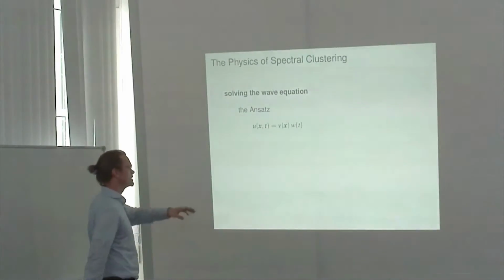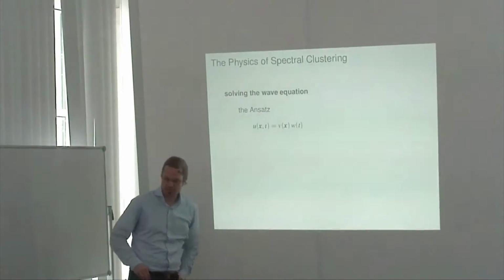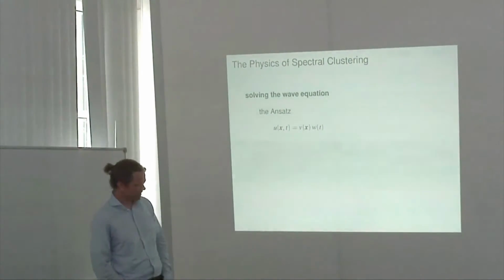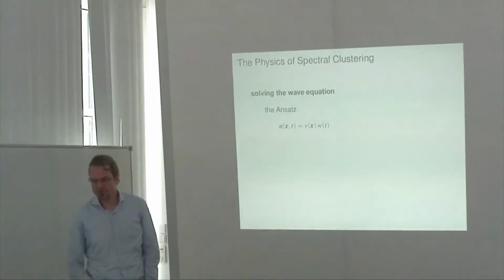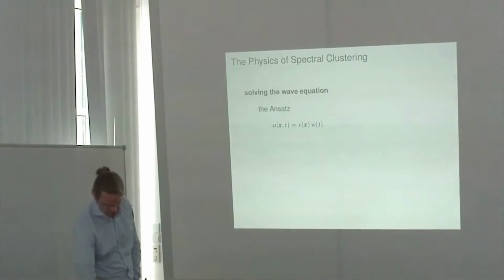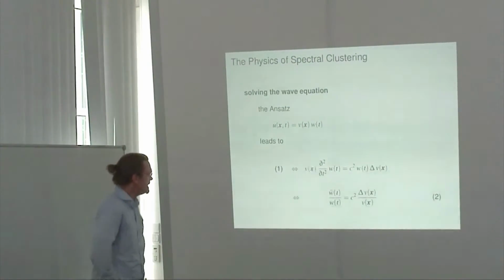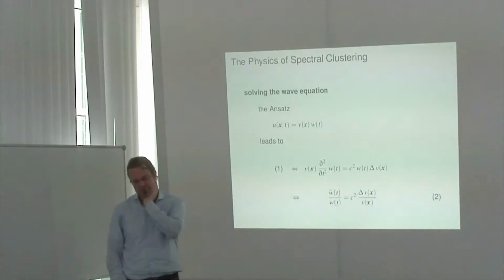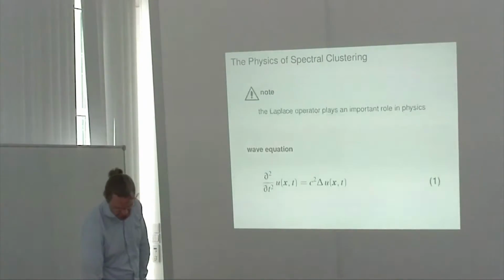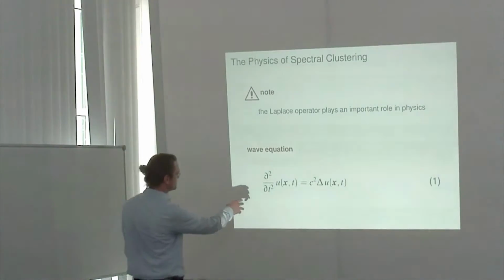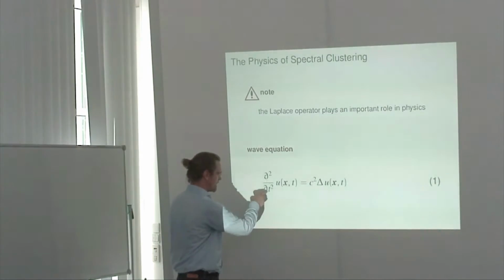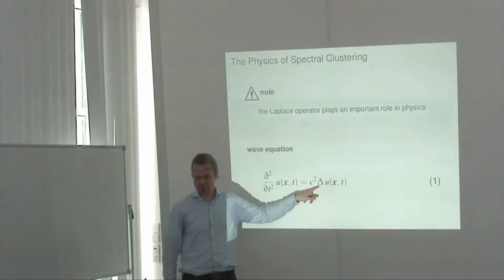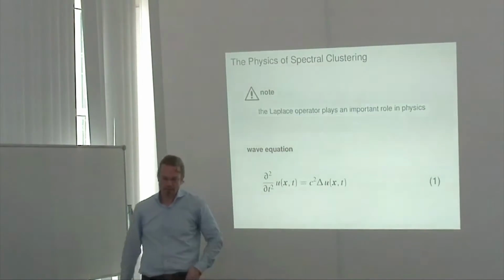Let us assume this unknown function u of x and t could be expressed like that, as a function v of x times a function w of t. And if we then do this and look at the wave equation, let me go back for a second: on the left hand side we have a second order derivative with respect to time, and here we have second order derivatives with respect to space, the Laplace operator.